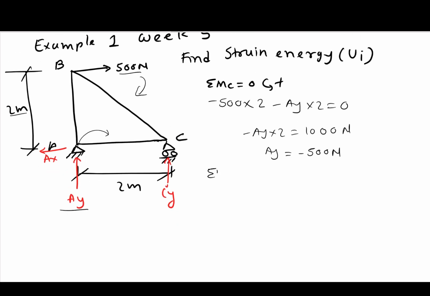Now sum of the force in X equal to 0, left to right is positive, so minus AX plus 500 equal to 0, so minus AX is equal to minus 500 Newton, so AX is equal to 500 Newton.